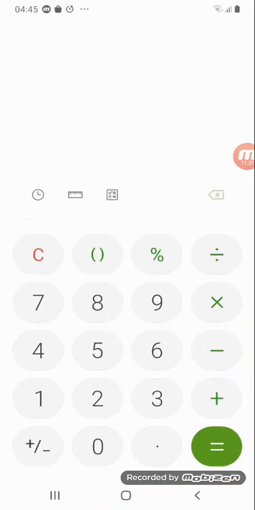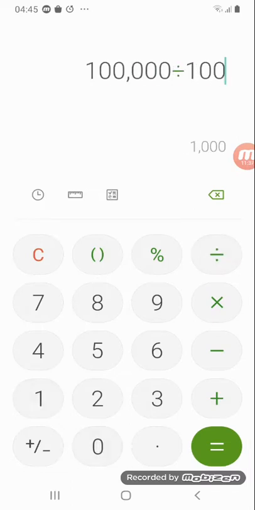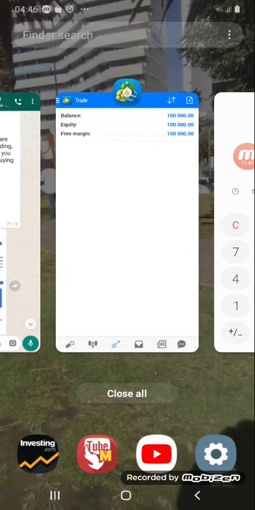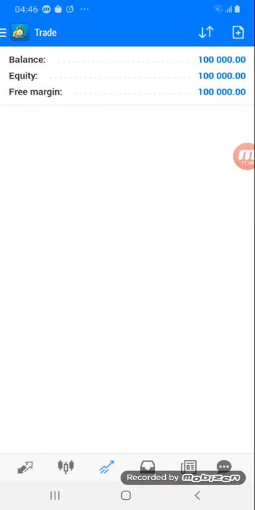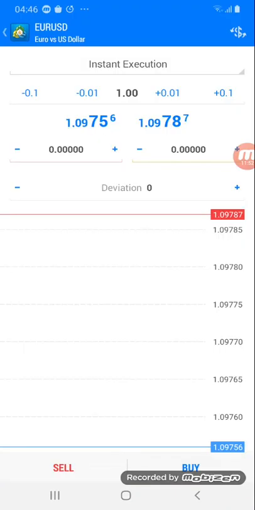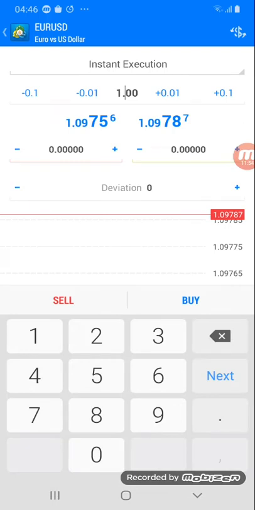So I take 100,000, then I divide it by 100. That's the formula. The formula is balance divided by 100, and then you get 1,000. But unfortunately, on MetaTrader 4, it can only allow you a maximum of 100.